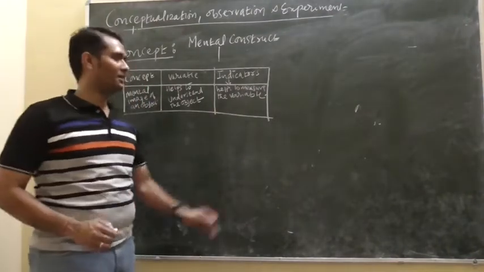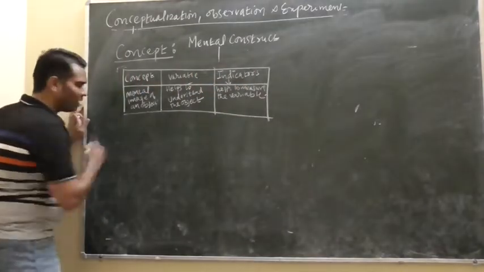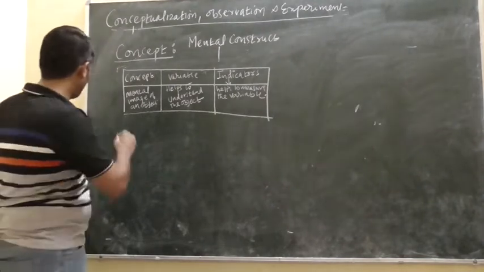Now I'm going to use a small example of the concept, the variable, and the indicator, by taking one of your projects. I want to know the availability of pure drinking water in a locality, in a village.